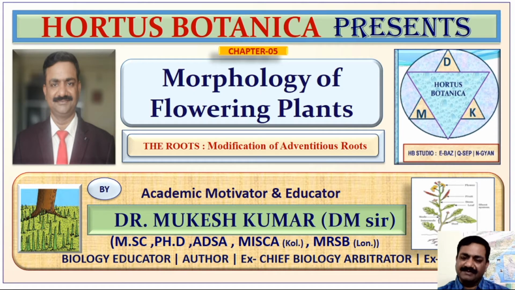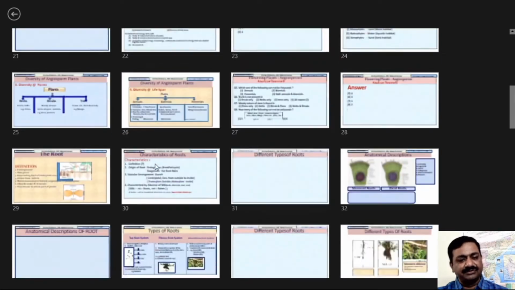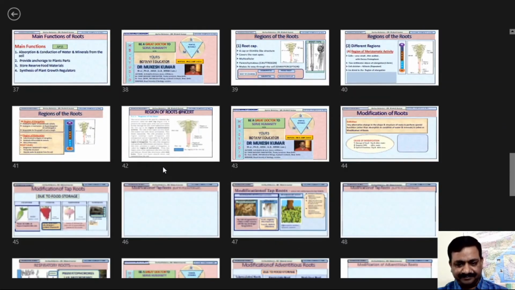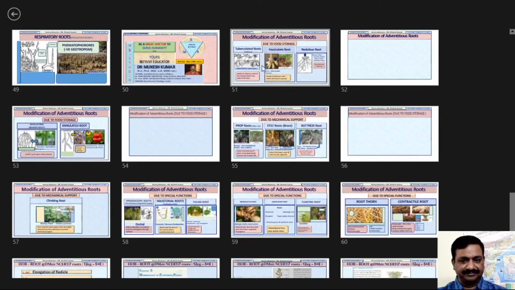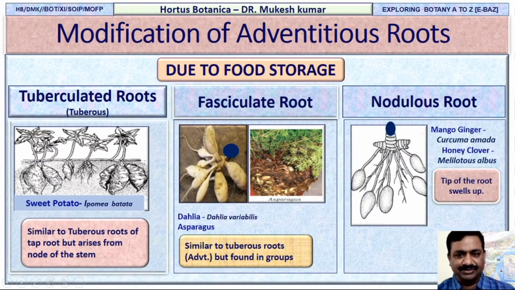So let's see first about modification of adventitious root due to food storage. Yes, so modification due to food storage, right? So what happened? Similarly, as we found in the case of taproot, here also the root will absorb more food from the soil.